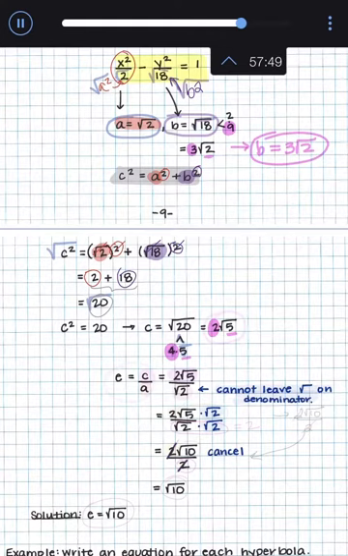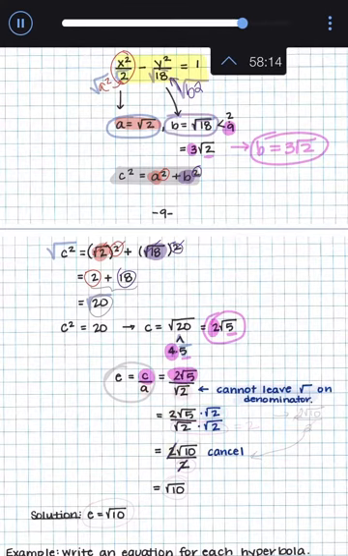You needed c to find the eccentricity, no matter what. The formula for eccentricity for a hyperbola or an ellipse is e equals c over a. We just found c was 2 square roots of 5, so we can replace c with 2 square roots of 5.